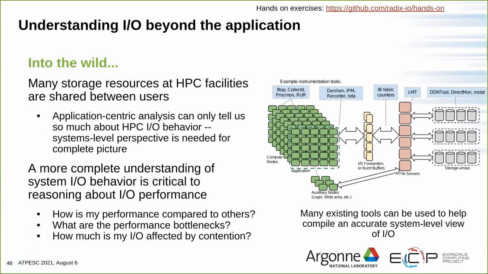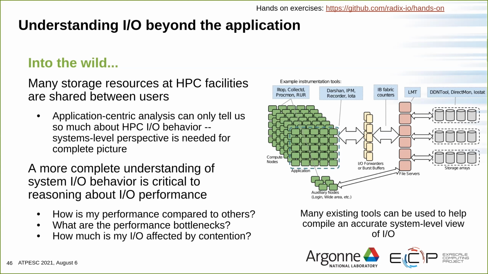Okay, so one thing I wanted to talk about is a project that we've worked on in the past that tries to extend this understanding of I/O beyond the application. What we've talked about with Darshan is an application-oriented I/O analysis tool.